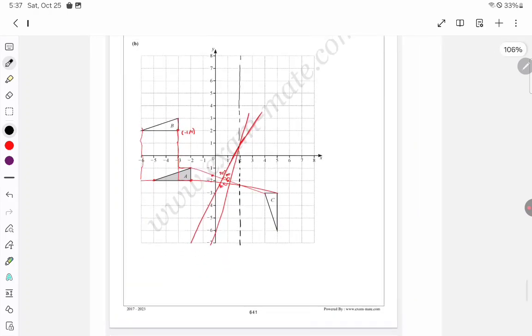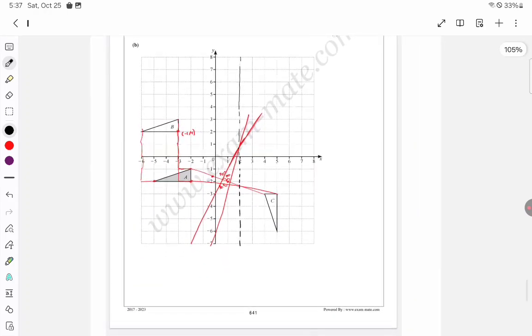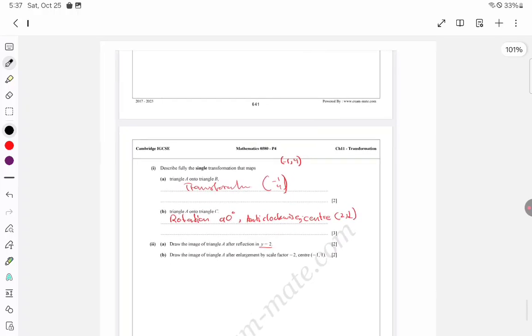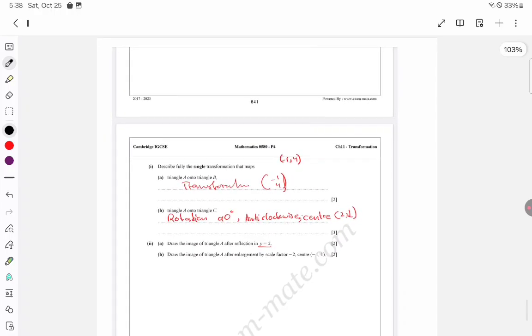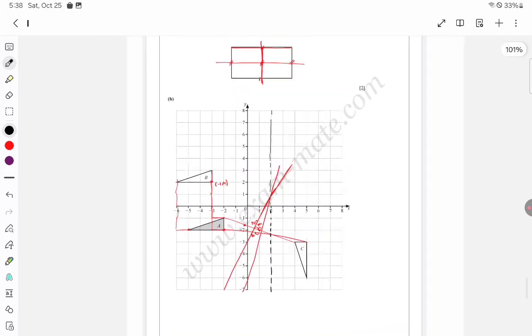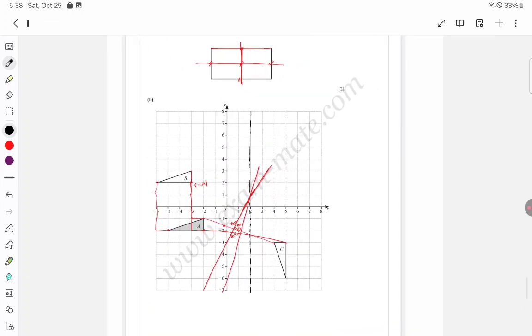Now what we're going to have to do is simply draw the image, which is the reflection of triangle A. In order to draw the reflection, this is our y equals 2 line for the reflection.